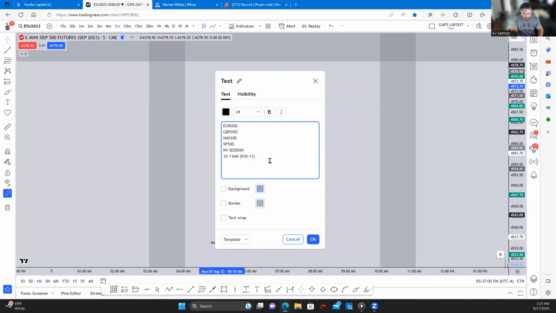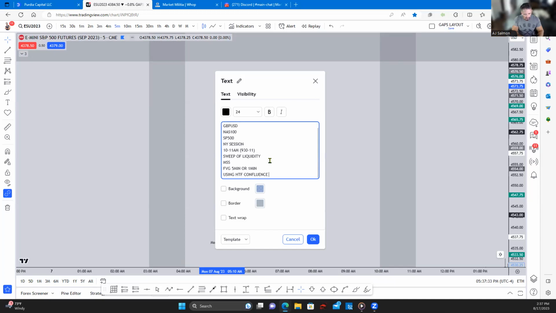Okay, we're going to be waiting for some sort of sweep of liquidity, a market structure shift, a fair value gap on the 5-minute or 1-minute time frame, using higher time frame confluence, top down.